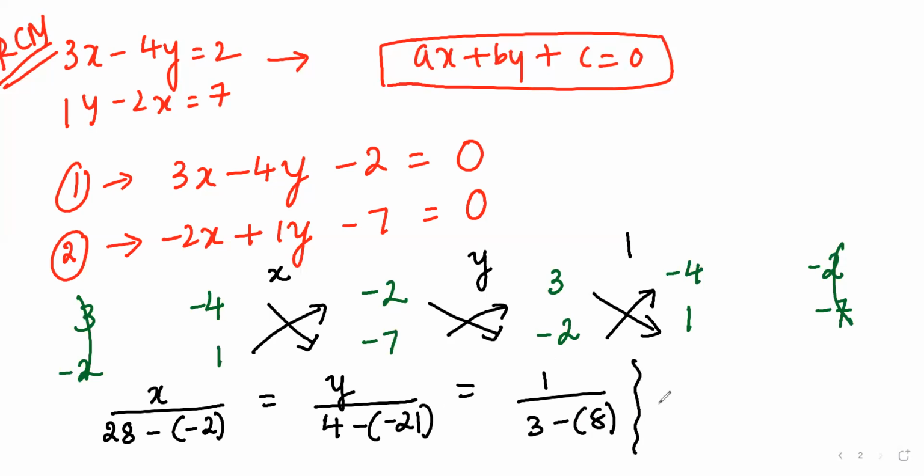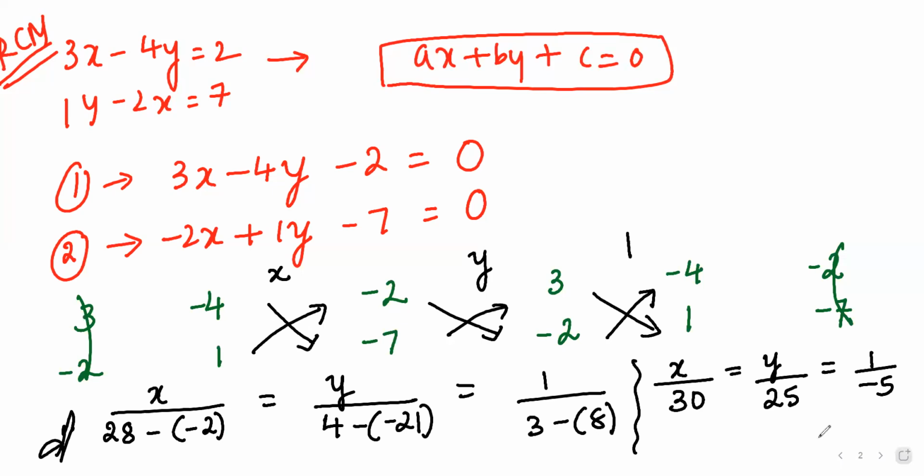So x upon 28 minus minus 2, that is 28 plus 2, which is 30. Y upon 4 minus of minus 21, that is 4 plus 21, which is 25. And 1 upon 8 minus 3, minus 8, which is minus 5.